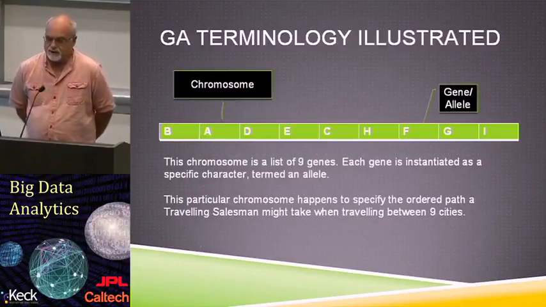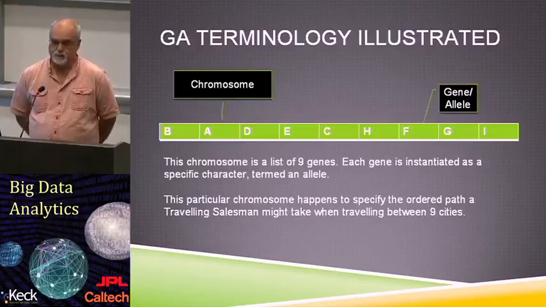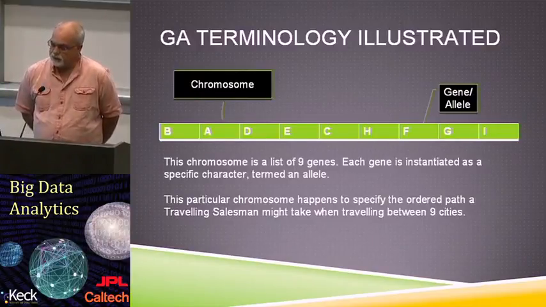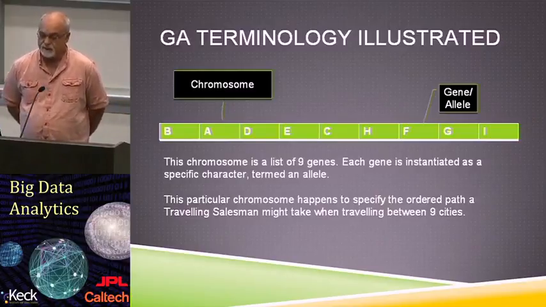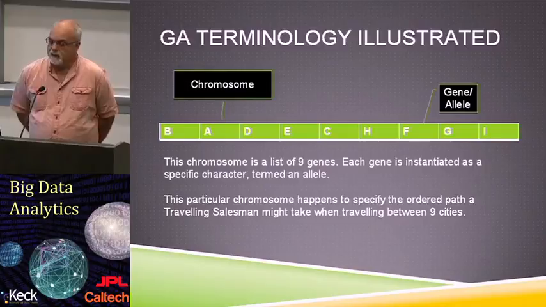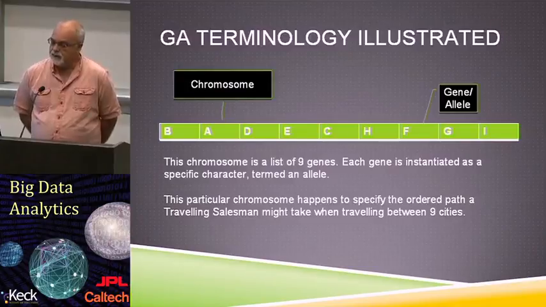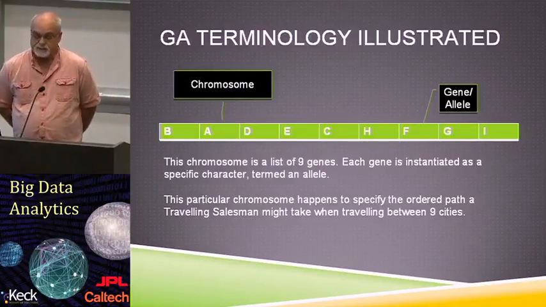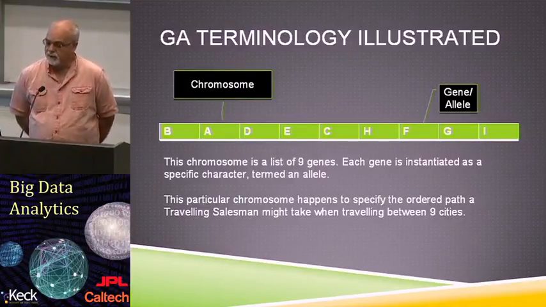So let's look at a representation of a chromosome, which we're going to use a lot in the following slides. What you can see here is a little string of letters, and we term this whole string a chromosome. Each of the letters has a position in the chromosome, and each one of the letters is a particular gene in the chromosome.